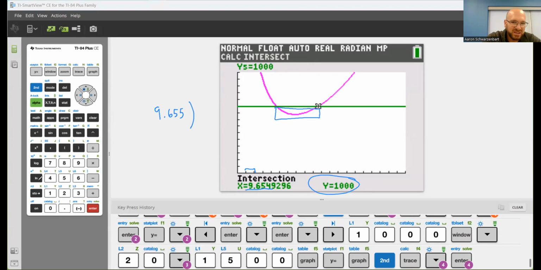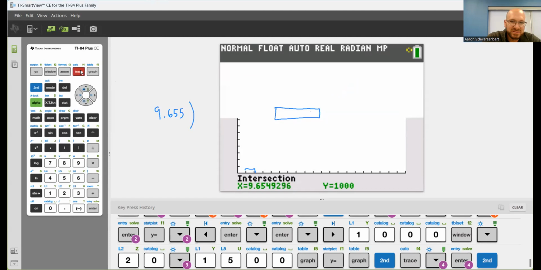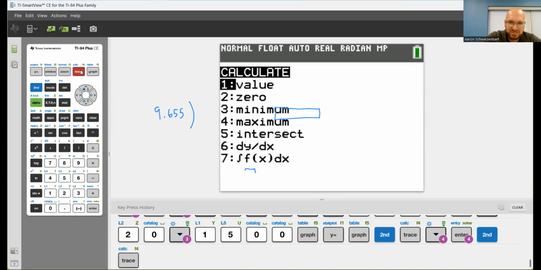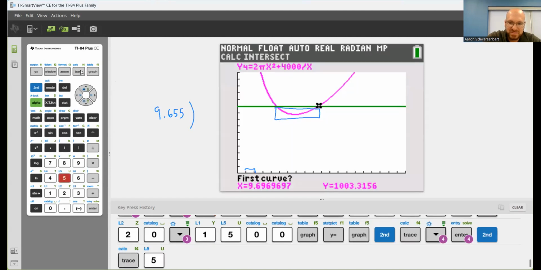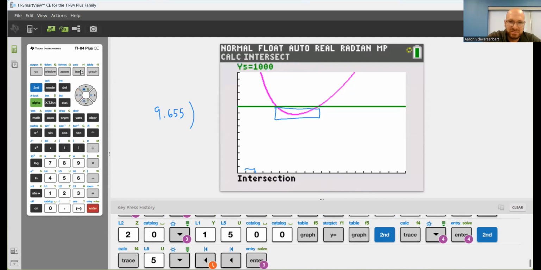Okay, let's find the other intersection. Yep. 4.619.